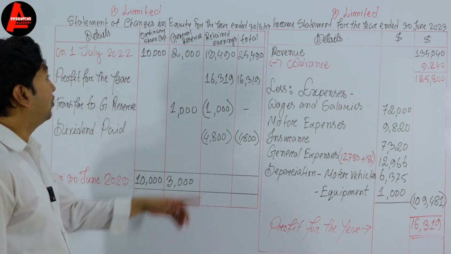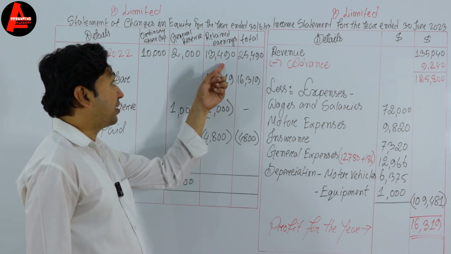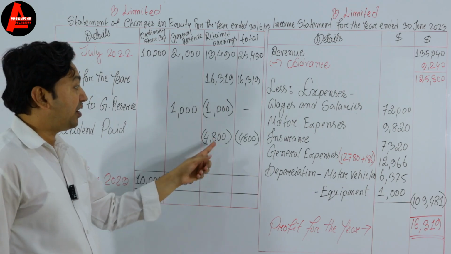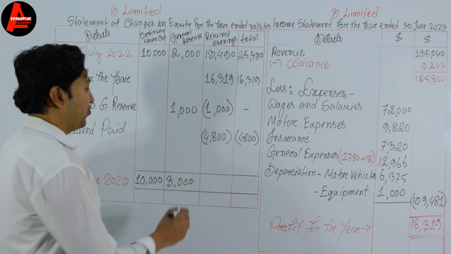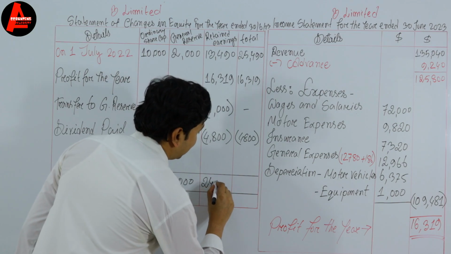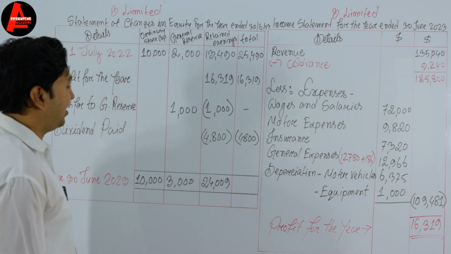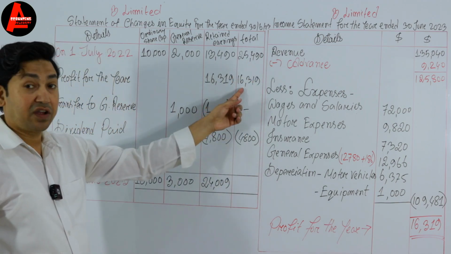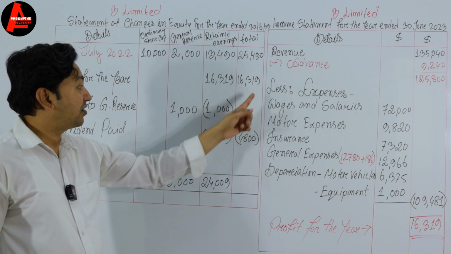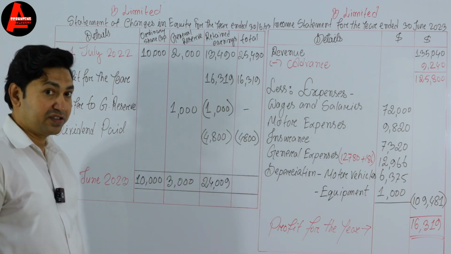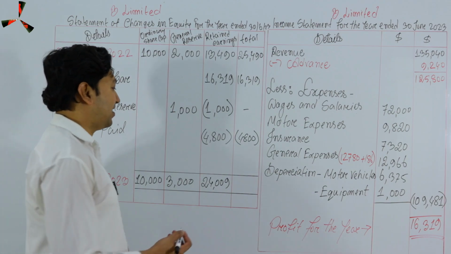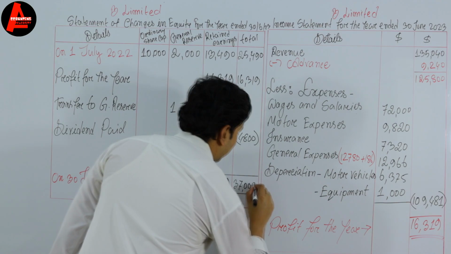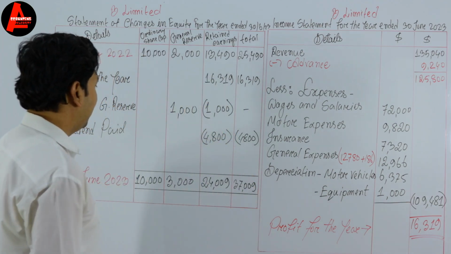Now retained earnings: $13,490 plus $16,319 minus $1,000 minus $4,800. We get $24,009. In the total column we have $25,490 plus $16,319 minus $4,800, and after all these calculations we get $37,009.